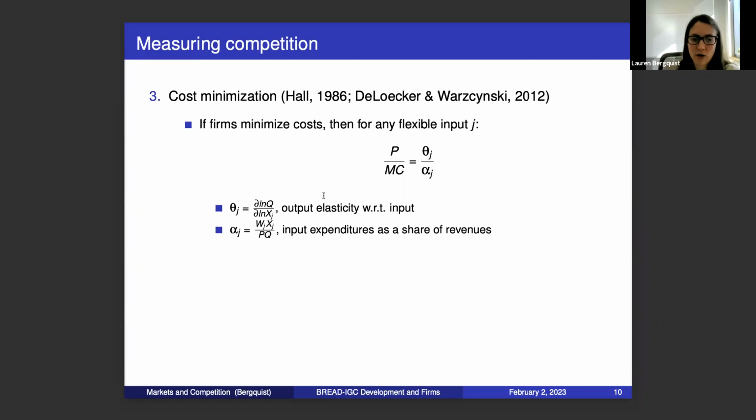Imagine that input is labor, right? So as you change labor, how does your quantity of output change? Over the input expenditures as a share of revenue, right? So imagine this is your wage bill over your total revenues. So what are the pros and cons of this approach, especially relative to the previous accounting measures?